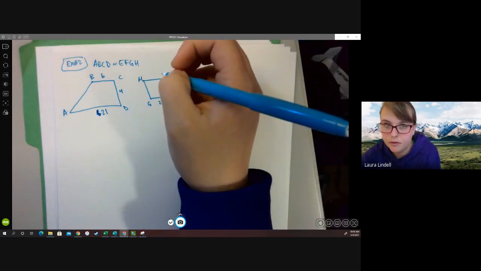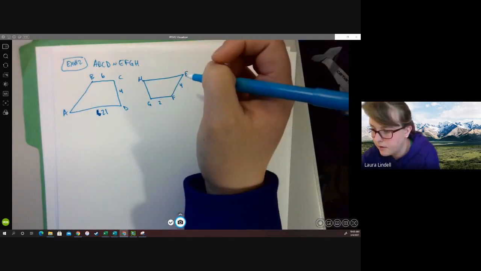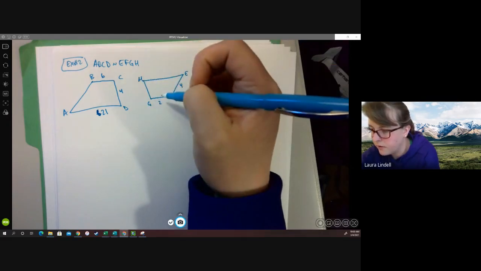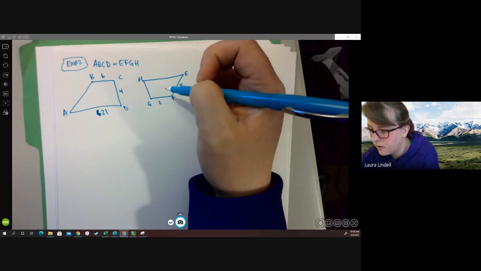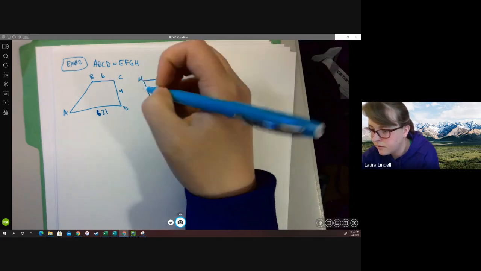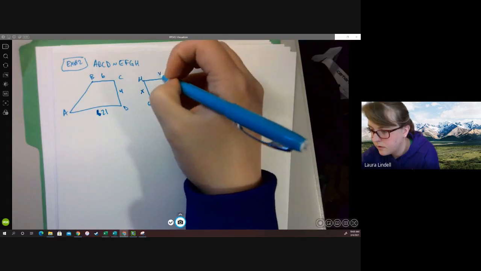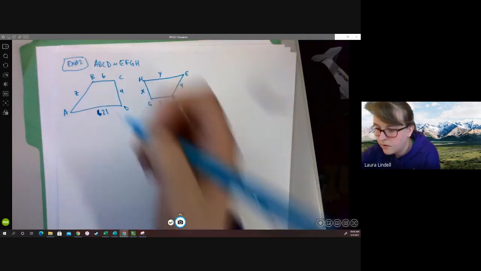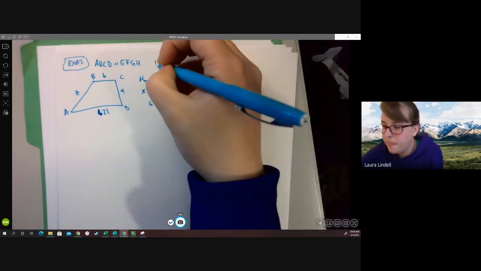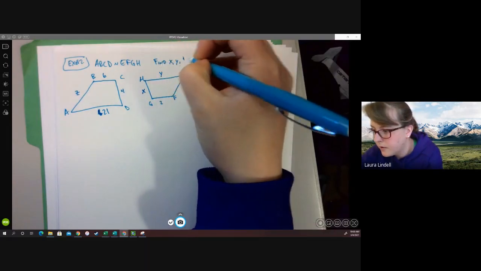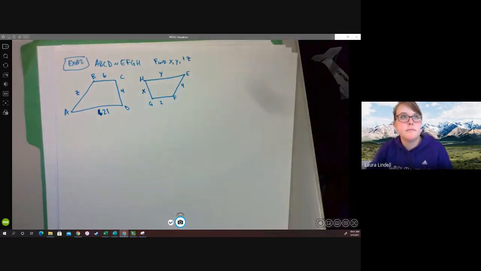And let's see, we're supposed to find, if we can find all of those off of this. Find X, Y, and Z.